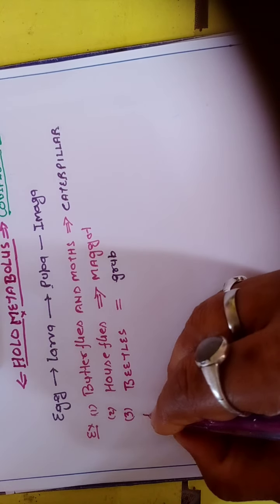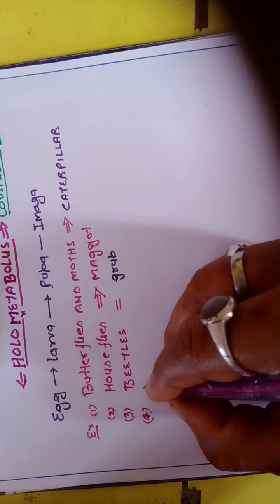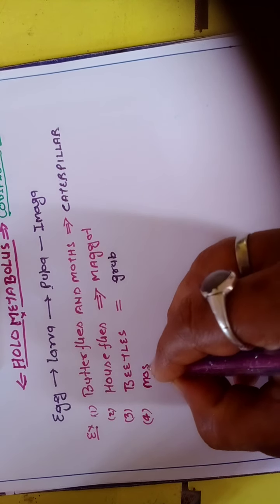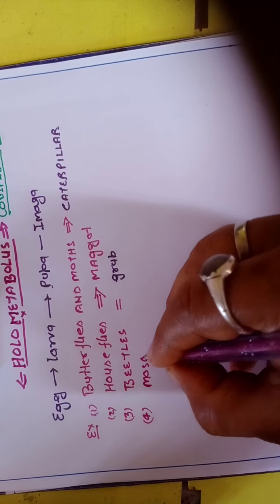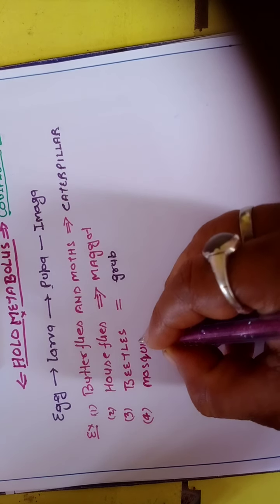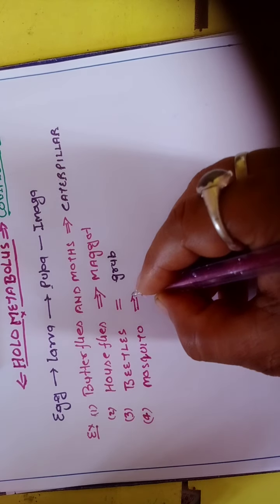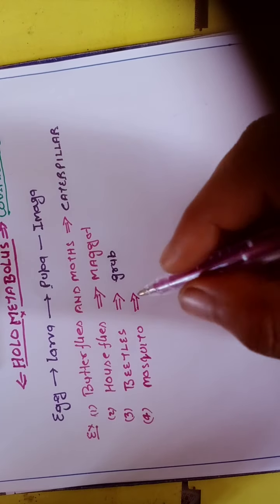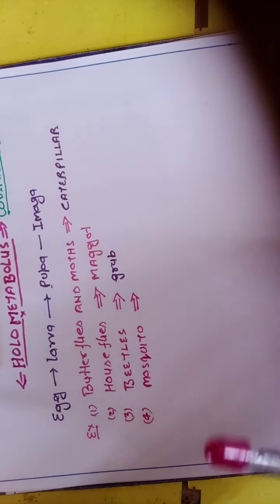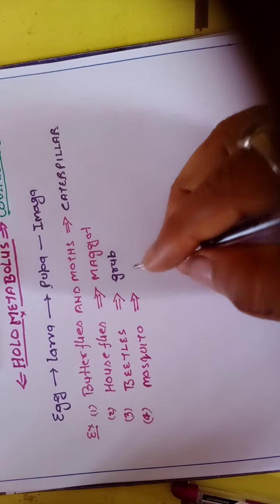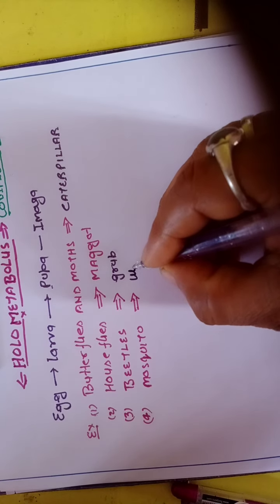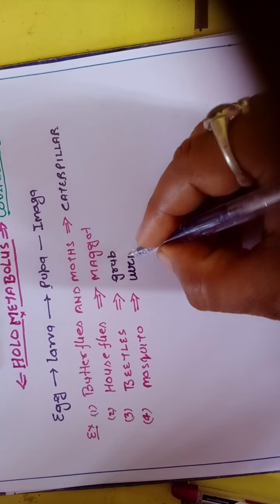Then mosquito also. So fourth example I am writing here, mosquito. In mosquito, the name of the larva is wriggler.